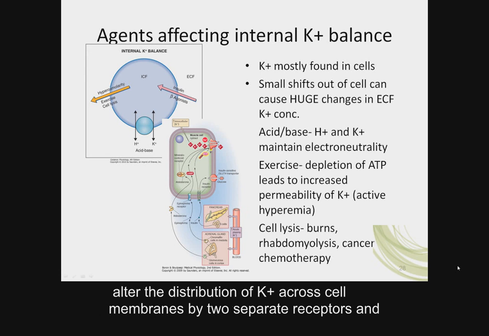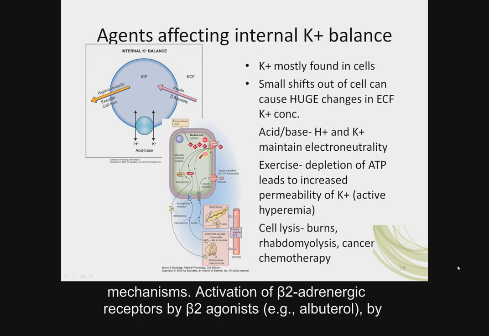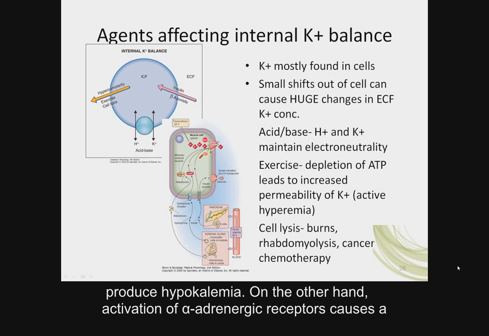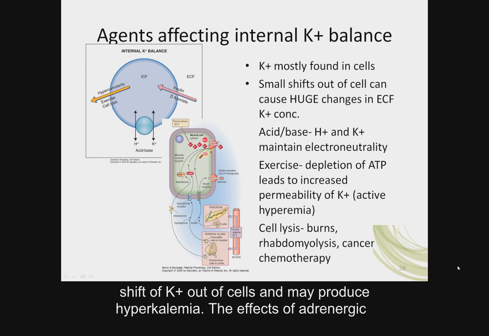Activation of beta-2 adrenergic receptors by beta-2 agonists like albuterol, by increasing the activity of the sodium-potassium ATPase, causes a shift of potassium into the cells and may produce hypokalemia. On the other hand, activation of alpha adrenergic receptors causes a shift of potassium out of cells and may produce hyperkalemia.